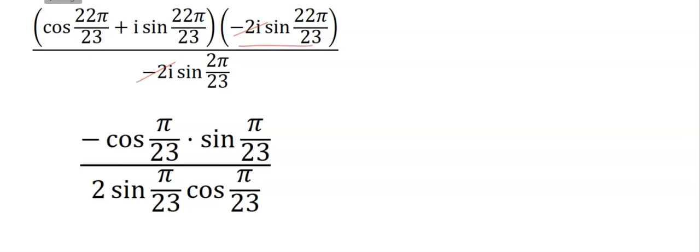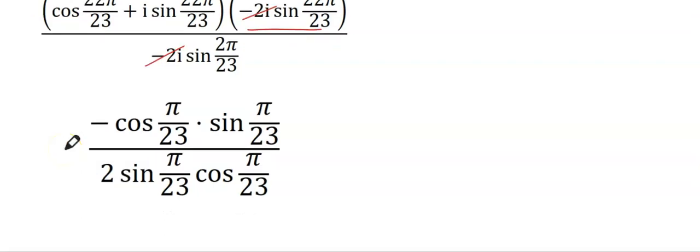The cosine of 22 pi by 23 is minus the cosine of pi by 23, because the two angles add up to 180, and for the same reason, sin 22 pi by 23 is the same as sin pi by 23, and on the bottom we have sin 2 pi by 23, which is 2 sin pi by 23 cos pi by 23. And we should see by cancelling, that goes against that, and that goes against that, and we have minus a half.